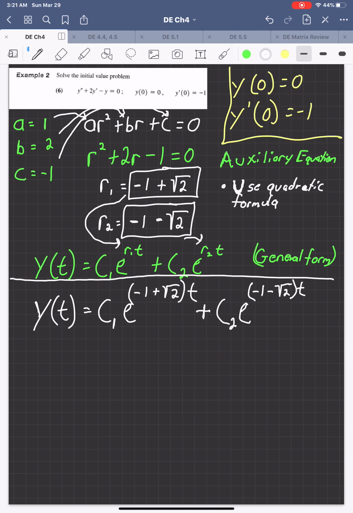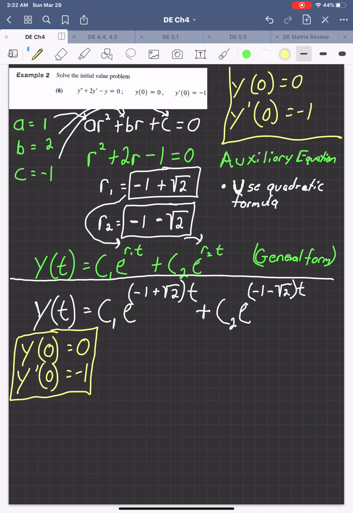But at this stage, it's time to go back and use these conditions, these initial values. And the initial values were, say, y of 0 is equal to 0. And we were told that y prime of 0 is equal to negative 1. Right? These were the initial conditions of whatever system, whatever problem we're dealing with.